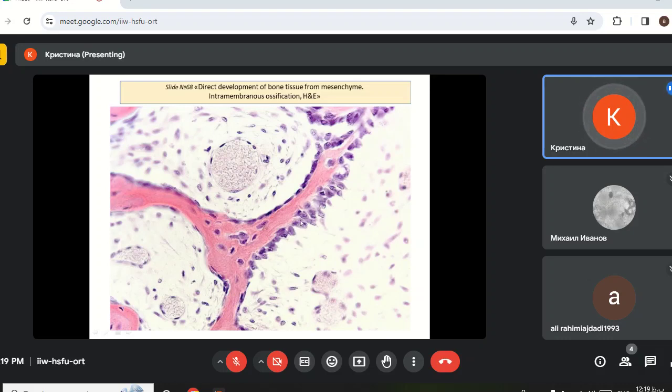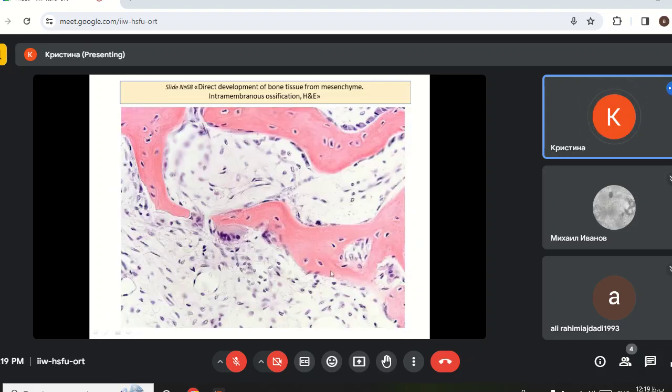Where we have active osteoblasts, it means that here they produce extracellular matrix, and this non-stained area just between the cells and the bone spicule is the osteoid. All that surrounds our bone spicule here is the mesenchyme, and this is the blood capillary. This one, this, and this.